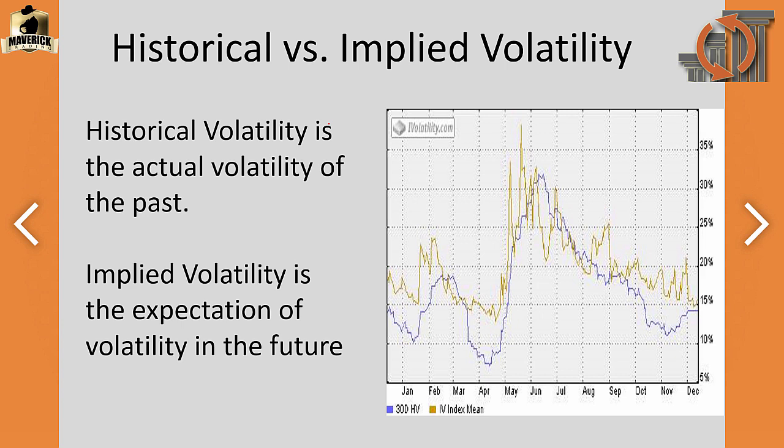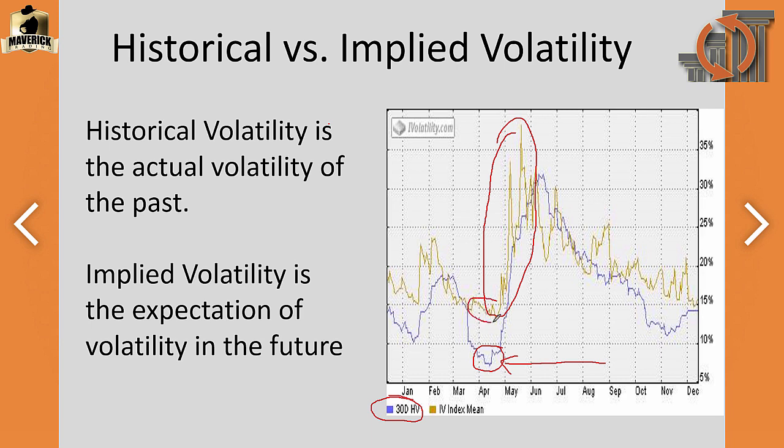As you can see in this spike here, volatility went from 15% up to 35%. That's a big jump in volatility. Sorry, historical volatility is the purple. So what I want you to look at is that down here, historical volatility was at its low.